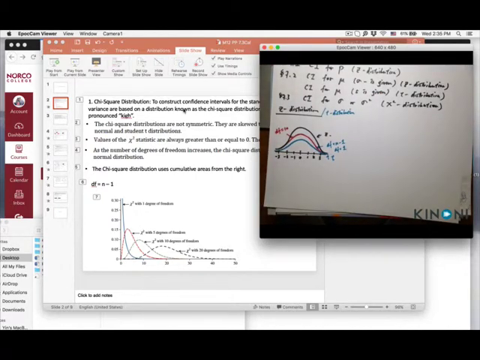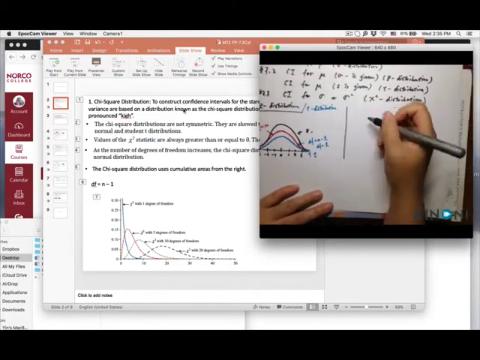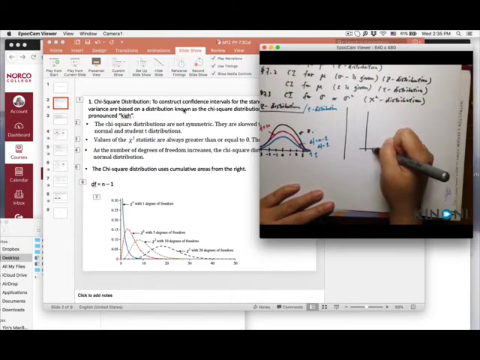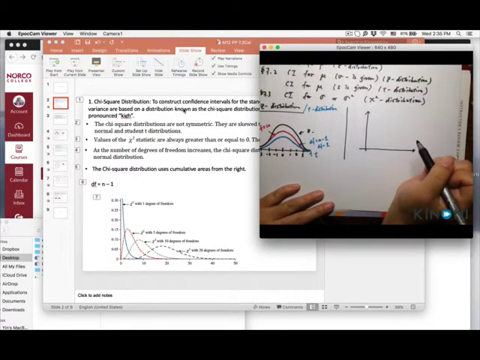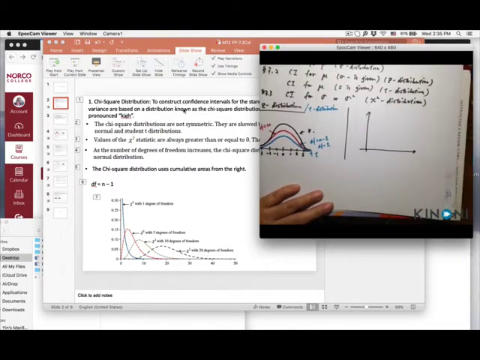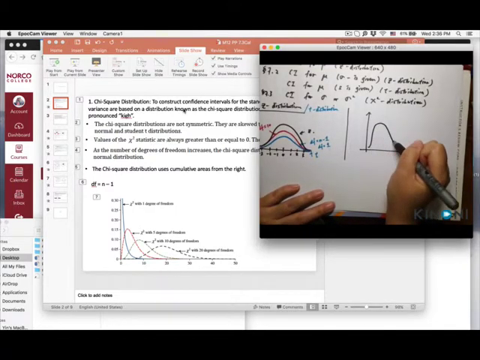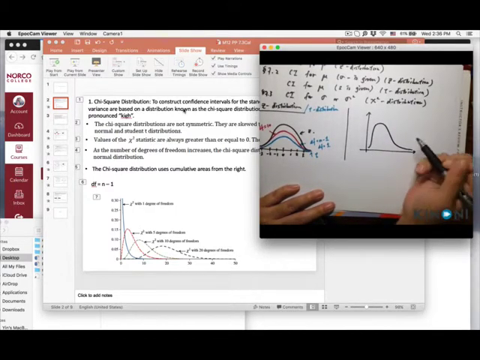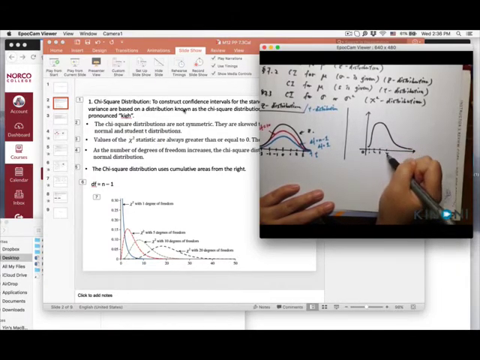Now we're going to talk about the chi-square distribution. The chi-square distribution is not symmetric. The distribution is skewed to the right, meaning the right tail is longer. You can see it starts from 0, then 1, 2, 3, 4.